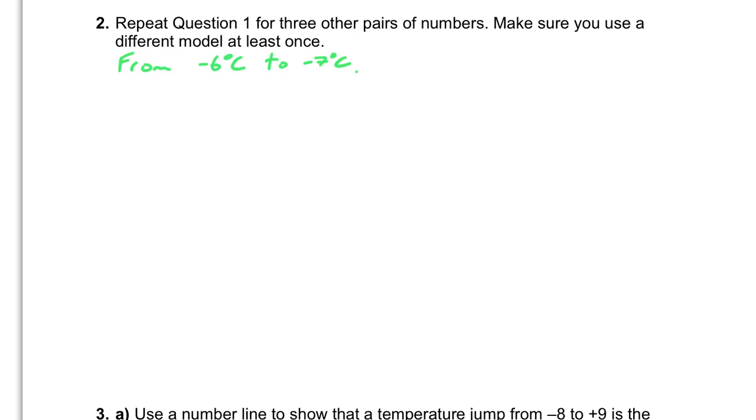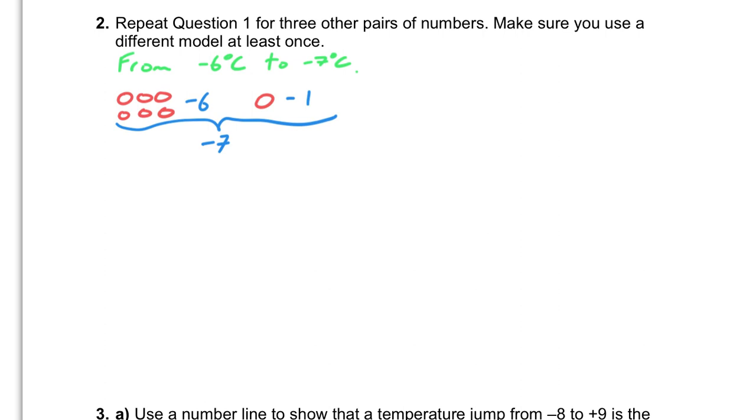To show this with counters, I would simply draw my 6 negatives that I start with, and I can label those. That's negative 6 right here. And then to get to negative 7, we just need to add one more, for a total of negative 7.